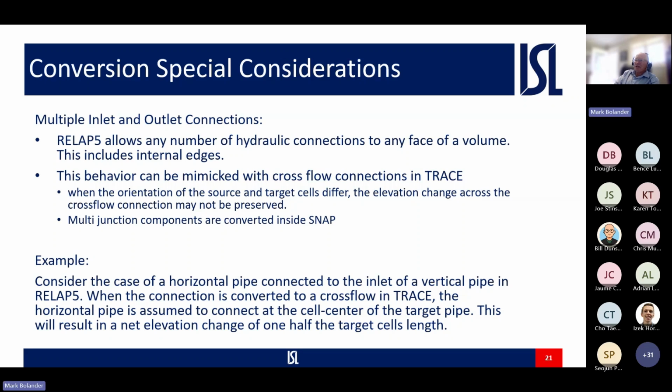In the conversion process, if you've got a branch that has multiple junctions going to a pipe component and they both connect to the inlet of that pipe component, one of those is going to be connected normally in TRACE, and the other branch junction is going to be converted to a side junction with an angle of 0 or 180, depending on which way things are going.